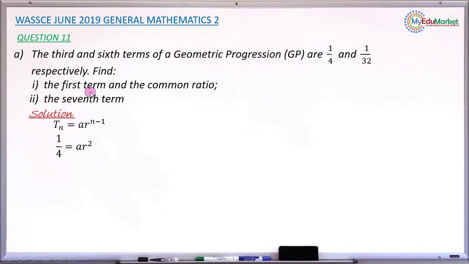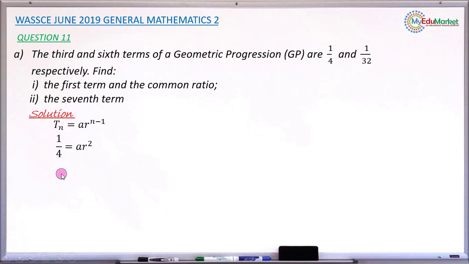Let me also get term number 6 using this formula, Tn equals ar raised to the power of n minus 1. I'm replacing term number 6 by 1/32 and n by 6, so you have 6 minus 1, which gives r raised to the power of 5.